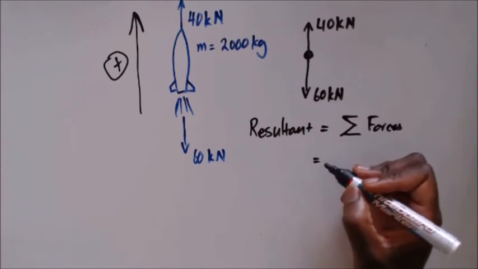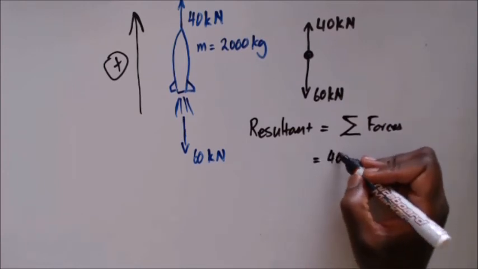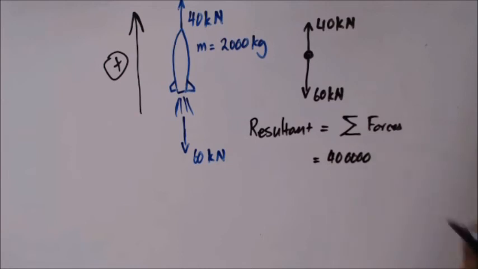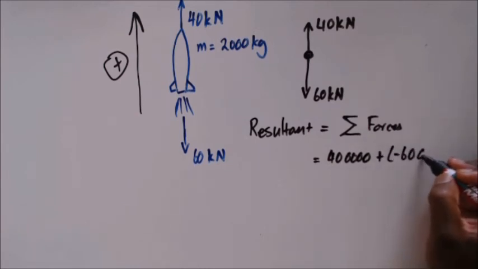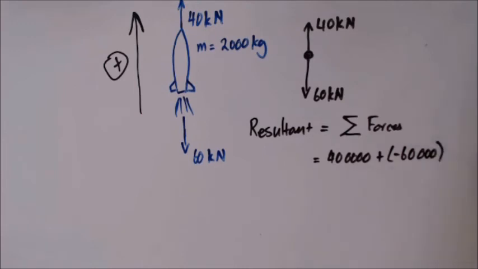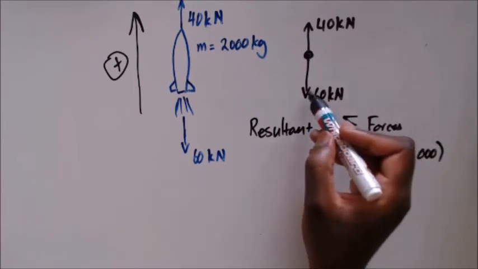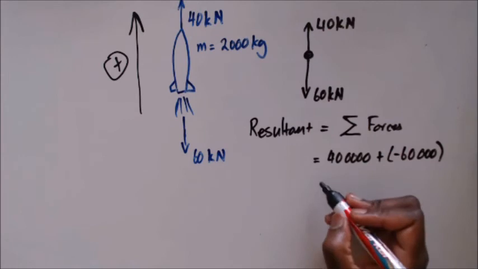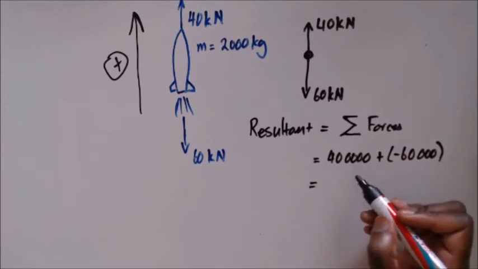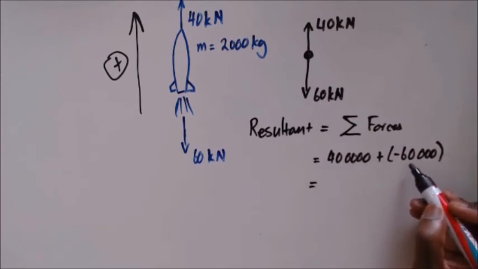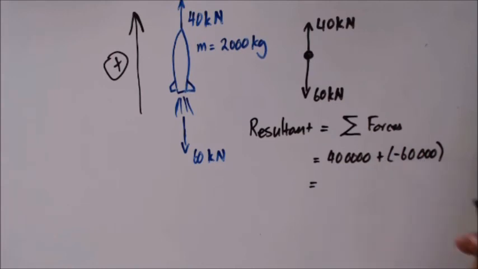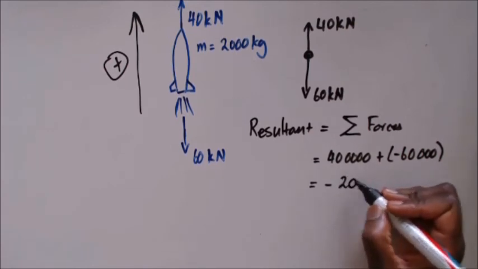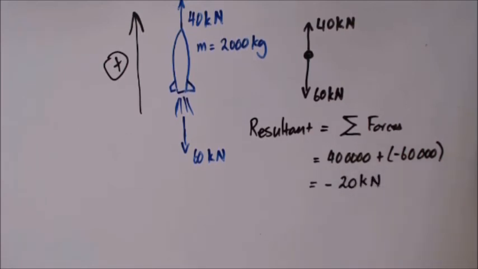And that is equal to 40,000 plus minus 60,000. Because remember, the 60 kilonewton force is in the negative direction, which will give us a resultant which is 40,000 minus 60,000, because plus minus 60,000 gives us minus 60,000, which will give us a result which is minus 20 kilonewtons.